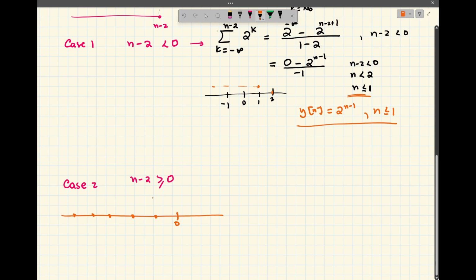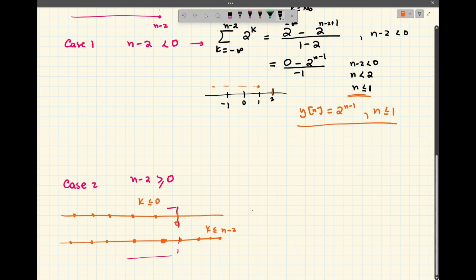So that's case 1, k less than or equal to 0, and the second case we have k less than or equal to n minus 2, right? So the intersection is here, right?